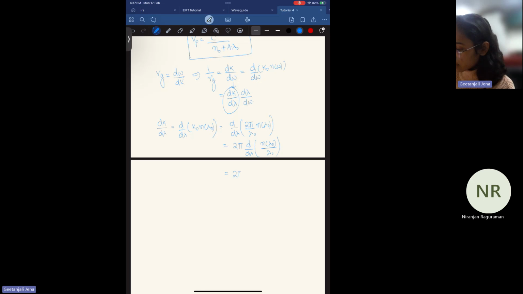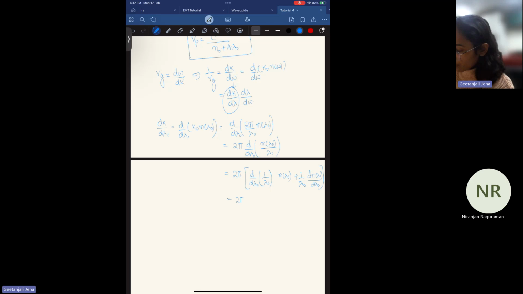Because it is in terms of lambda 0, it's better to take lambda 0 here also. So we will get d by d lambda of 1 by lambda 0 n of lambda 0 plus 1 by lambda 0 dn over d lambda 0.